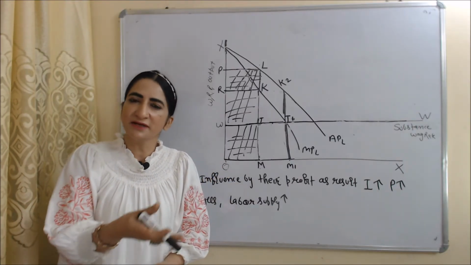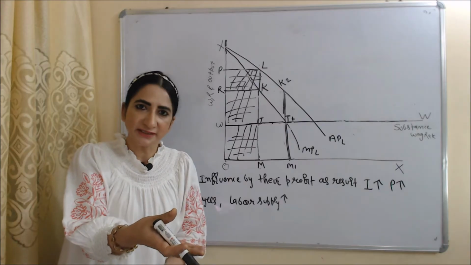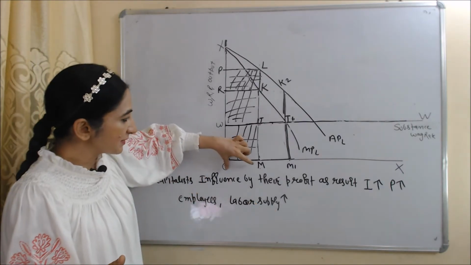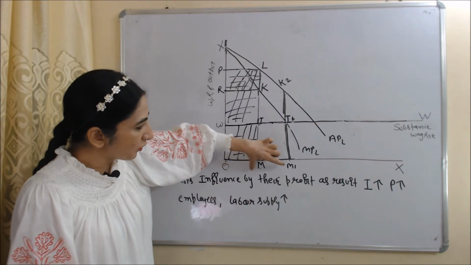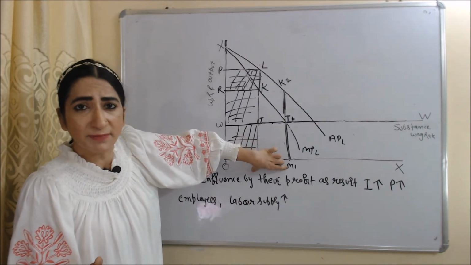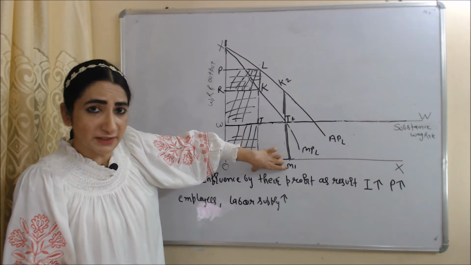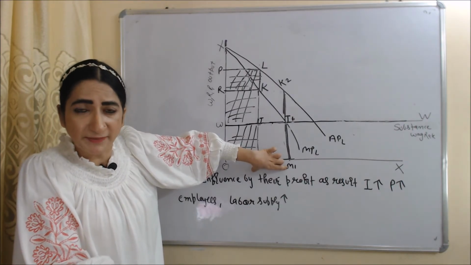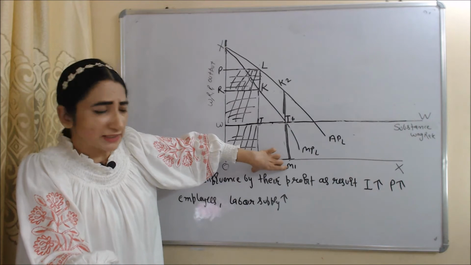Now, capitalists are influenced by their profit. As a result, they will invest more, production will increase and labor supply will also increase. Now, you can see labor supply increases from OM to OM1. As labor supply increases, obviously wage bill also increases. Now, they have to pay so many employees. That's why wage bill also increases.